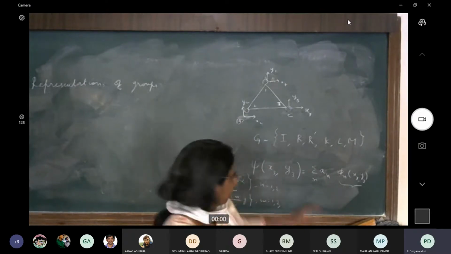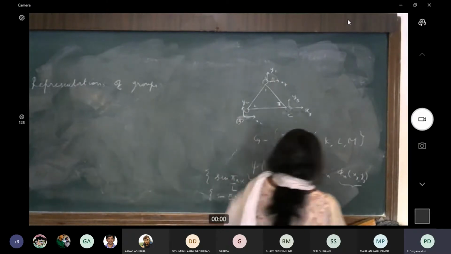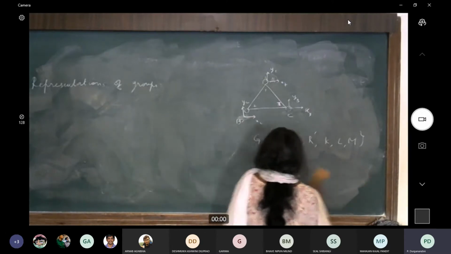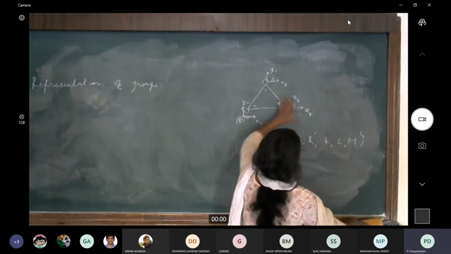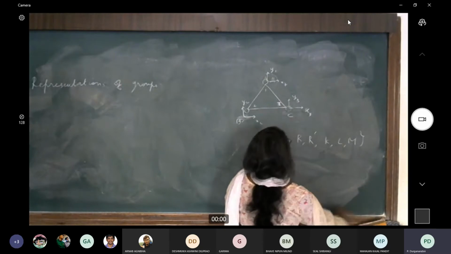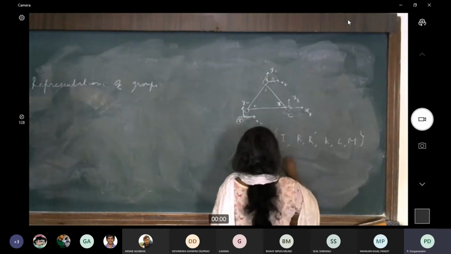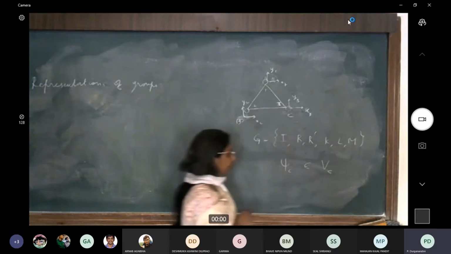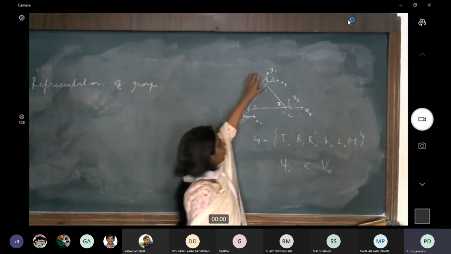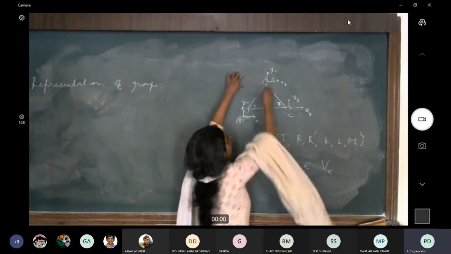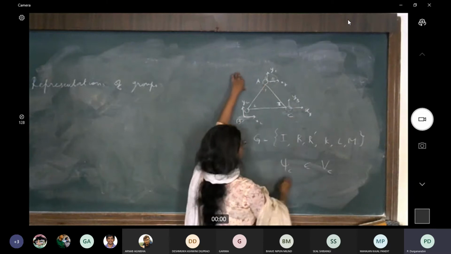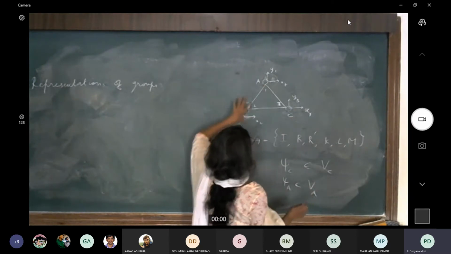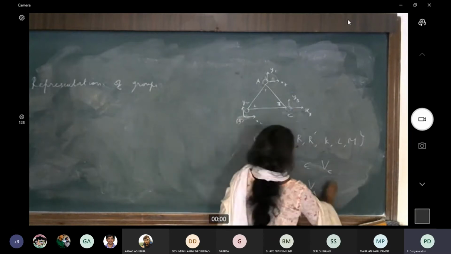Fine. Essentially what I'm trying to tell you is that I can find out the vector space for this, for example. Suppose a wave function here, psi C, belongs to some vector space B C. Similarly, I can find out the vector space for the atom here, psi A, which will belong to the vector space B. And psi B also similarly belongs to this.